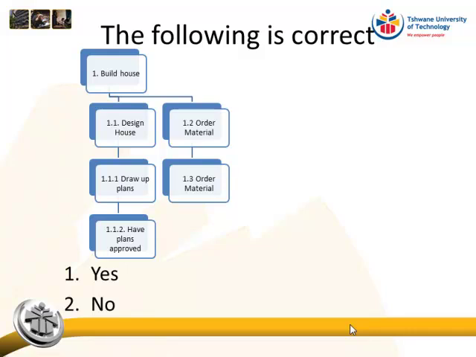Remember that a work breakdown structure does not have any schedule information in it. So if we decide that we want to break down the work in this order, say we draw up the plan, we design the house.